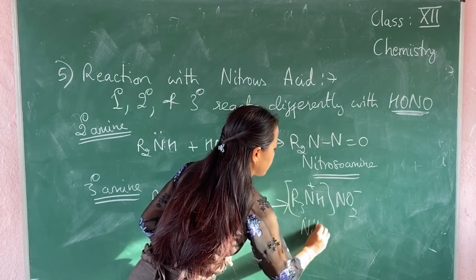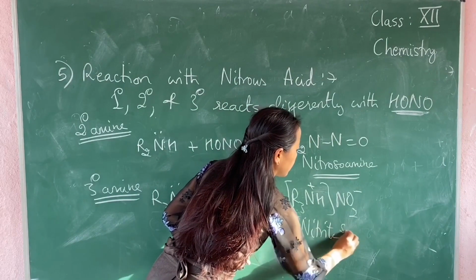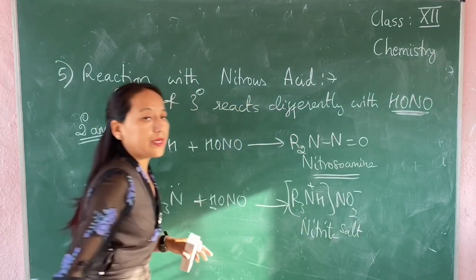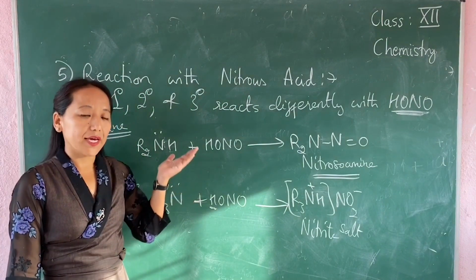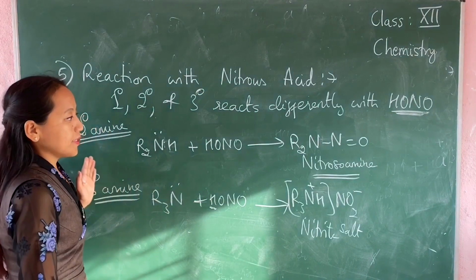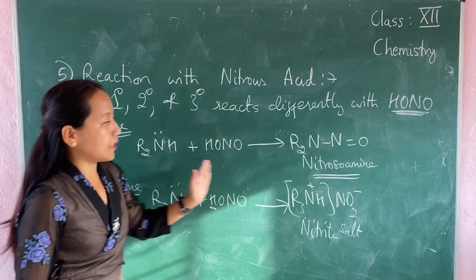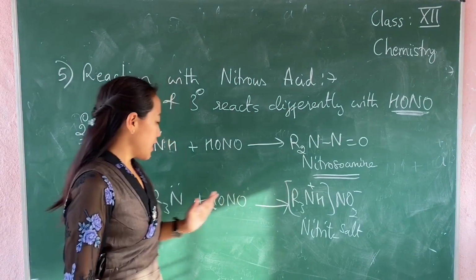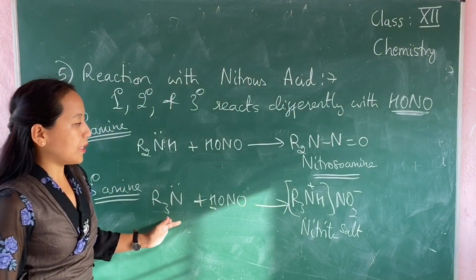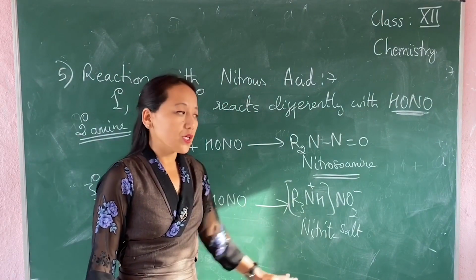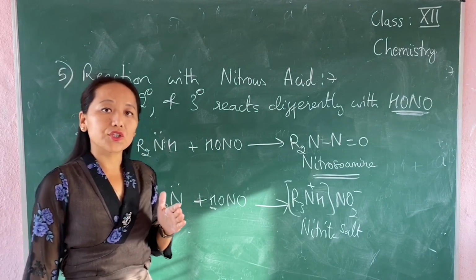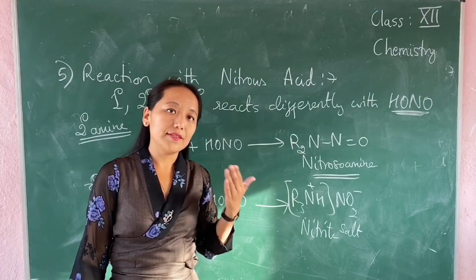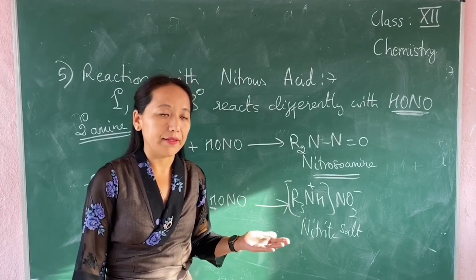A nitrite salt is formed in the case of tertiary amine. So you can see that in the case of primary amine, you get a diazonium salt, whereas in the case of secondary amine, a nitrosoamine is being formed, and in the case of tertiary amine, a nitrite salt is formed. So this is how you can use this reaction to distinguish between primary amine, secondary amine, and tertiary amine.